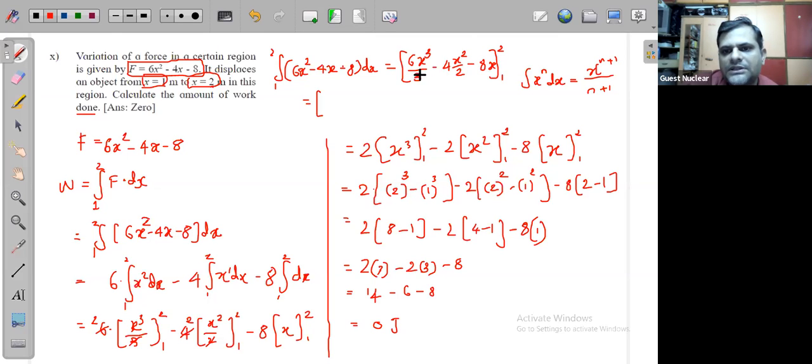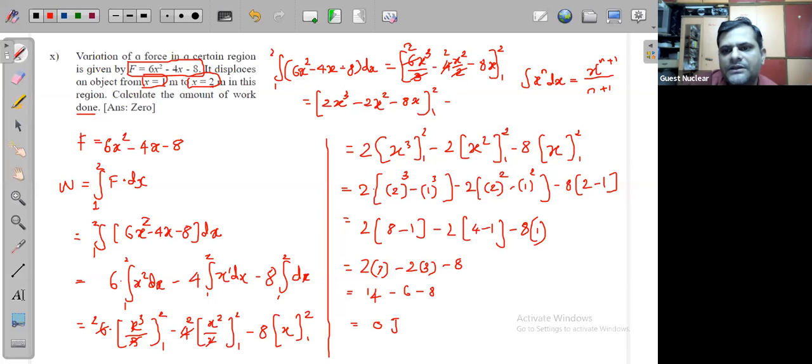First of all, just cancel out this 3 with 6. Cancel out this 2 also with 4. So as to be left with 2x cube minus 2x square minus 8x. That is from 1 to 2.